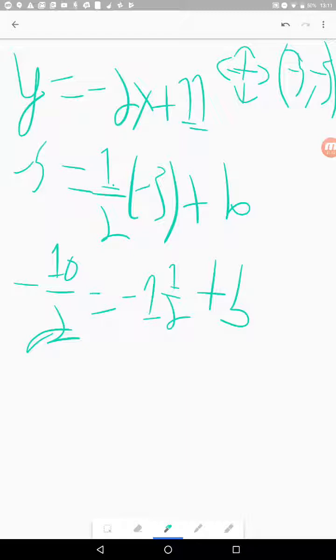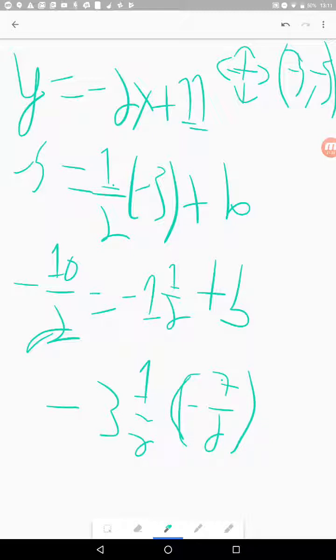So your y-intercept would be negative 3.5, which is the same as negative 7 halves. Don't multiply, guys. I'm just showing you another way to rewrite negative 3.5.